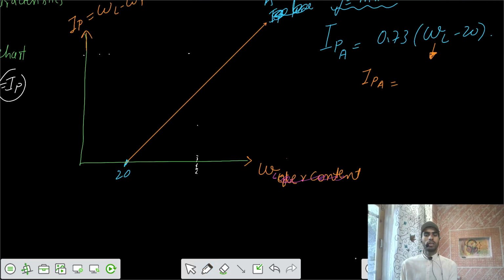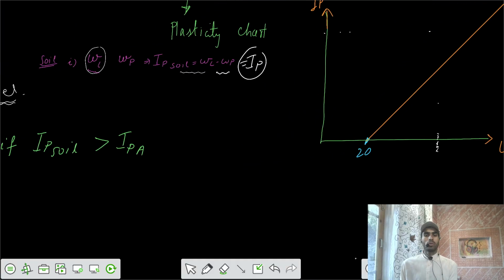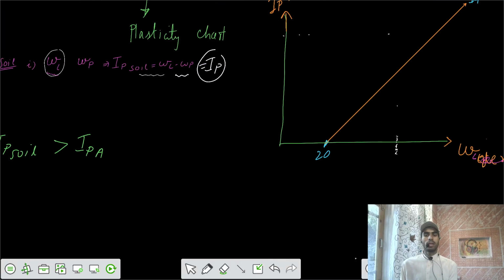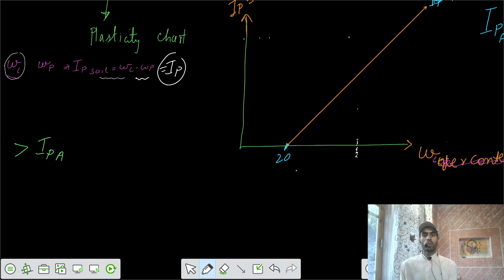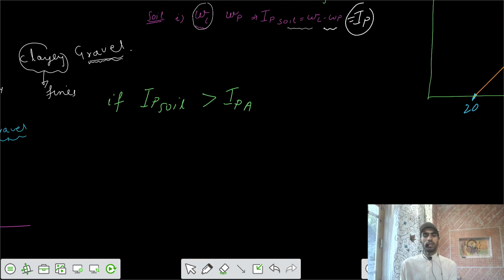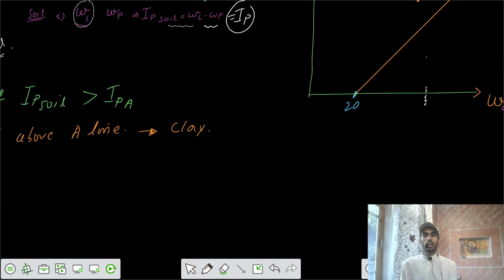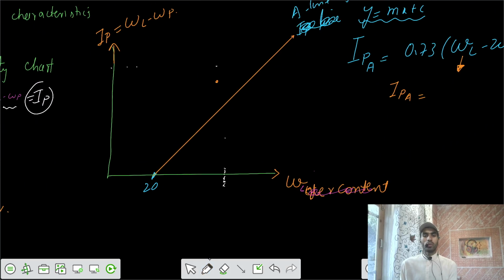Now, if your value of IP of the soil is greater than IP of the A line, that means your point is above the A line. So if your soil is above the A line, we can say your soil is clay.